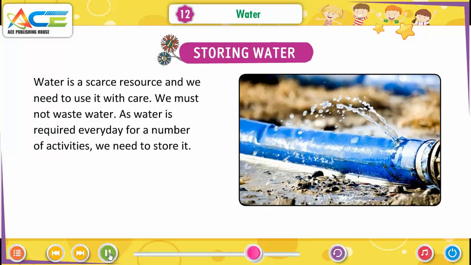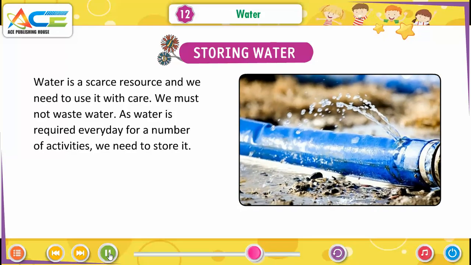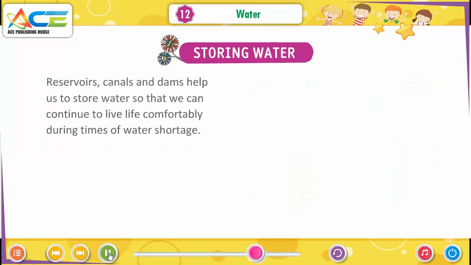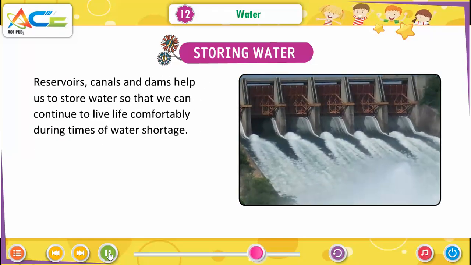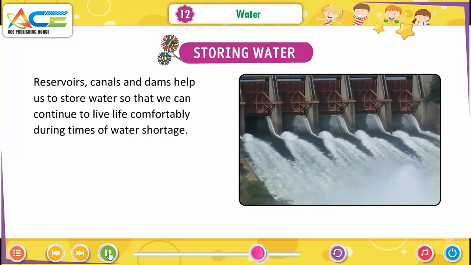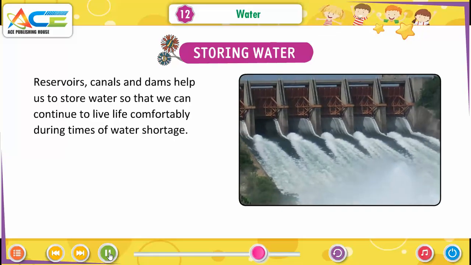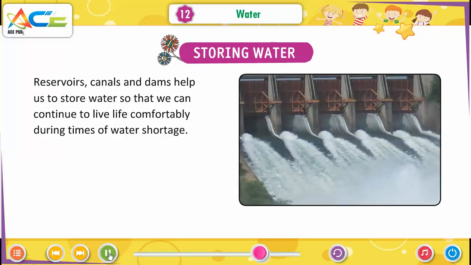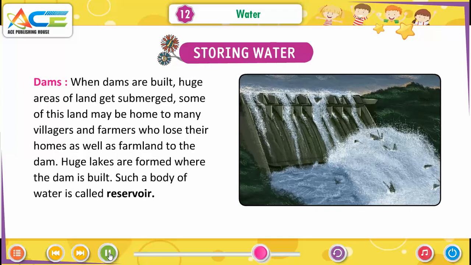As water is required every day for a number of activities, we need to store it. Reservoirs, canals and dams help us to store water so that we can continue to live life comfortably during times of water shortage. Dams.